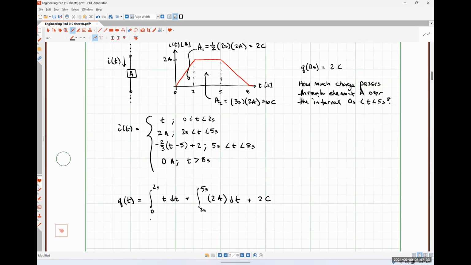So here we have 2 coulombs, here we have 6 coulombs, here we have 2 more coulombs, add those together, and we get 10 coulombs. Doesn't have to be much harder than that. This is legitimately a test question.